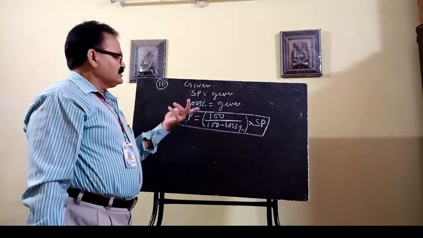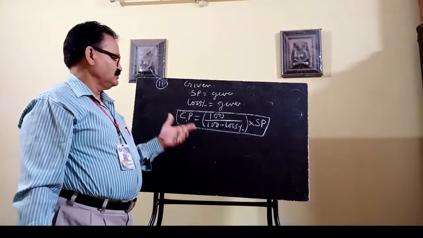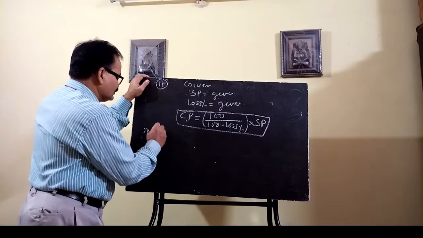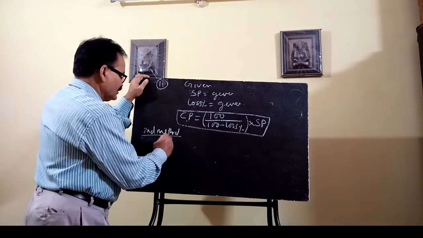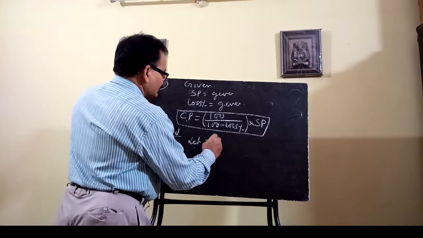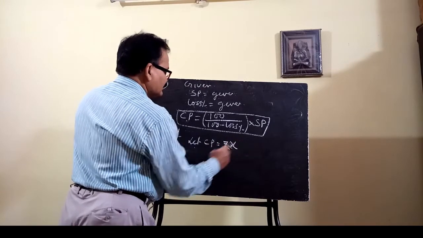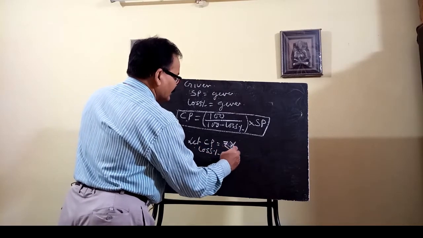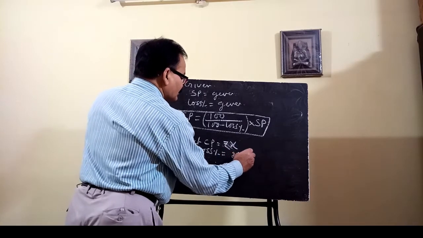On the other hand, if SP is given and loss percent is given, there is a second method also, that is method number 12. Let CP equal your X, CP is rupees X, and loss percent is given.